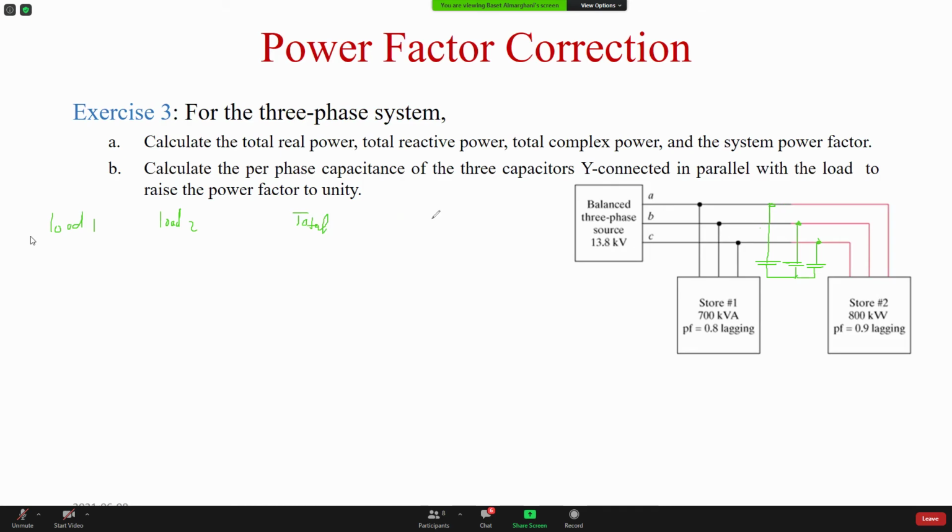Then we're going to actually have the new values, because this is the old.